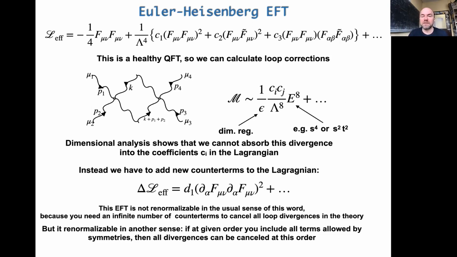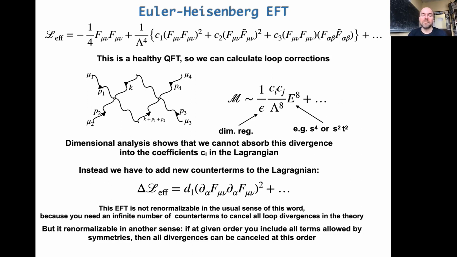But the theory is still renormalizable in the sense that every divergence that appears can be cancelled by some counter term. You just have to include more and more operators in your Lagrangian if you want to go to higher and higher orders in the loop calculation.